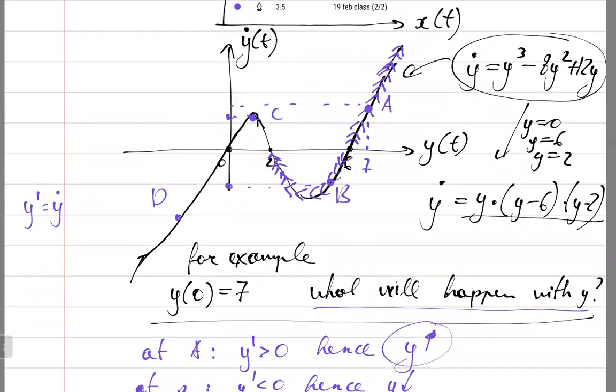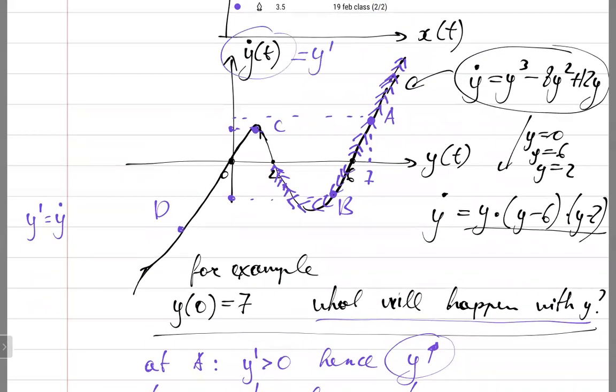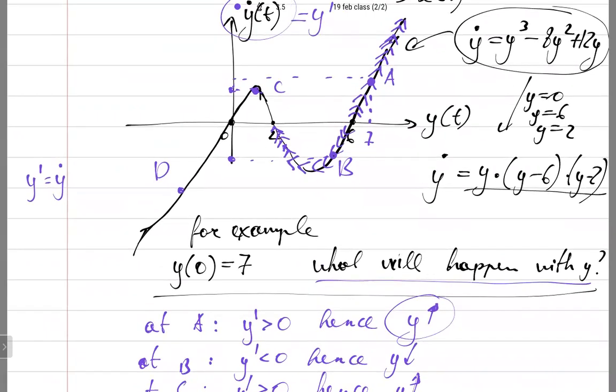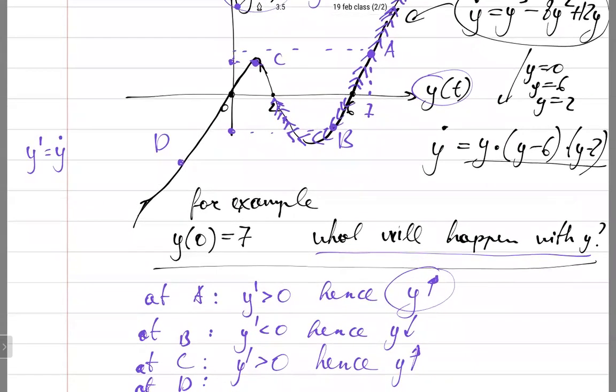Because y prime is here, above 0. Y prime and y dot are the same thing, just two different styles of notation. Hence, y will go up, but going up on my plot means going right, because y is on the horizontal axis. So at the point C, y will grow. That means movement to the right.